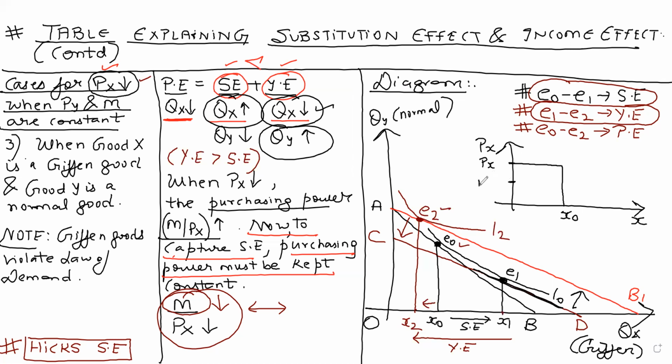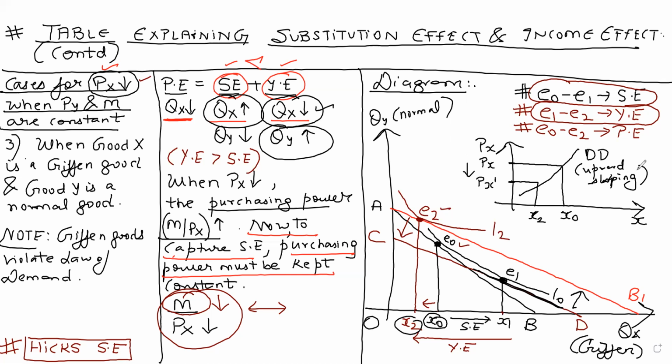When price of good X falls from Px to Px dash, you can clearly see that your demand for good X is also falling from X0 to X2. And when I join both these points, I get the demand curve, which is upward sloping for Giffen goods. So you can clearly see that Giffen goods are violating the law of demand.